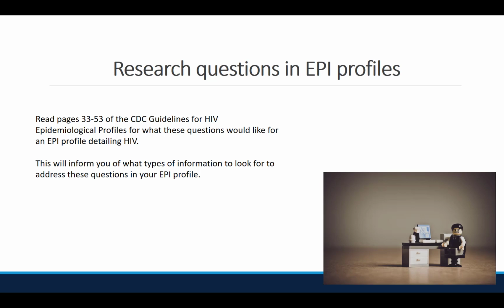After this video, look through pages 33 through 53 of the CDC guidelines for HIV epi profiles for what these questions would look like for an epi profile detailing HIV. This will inform you of what types of information to look for when addressing these types of questions in your epi profile. This concludes the Module 4.2 video.